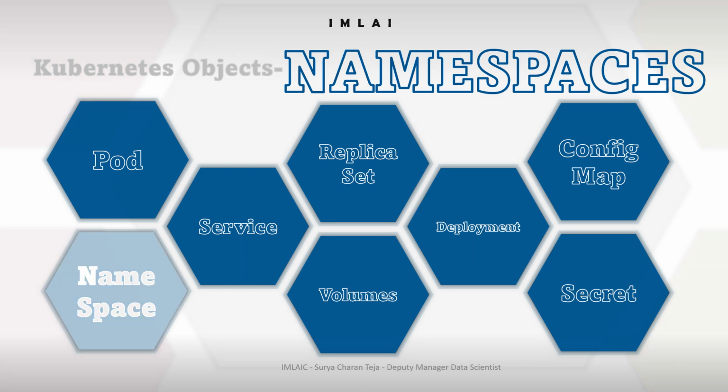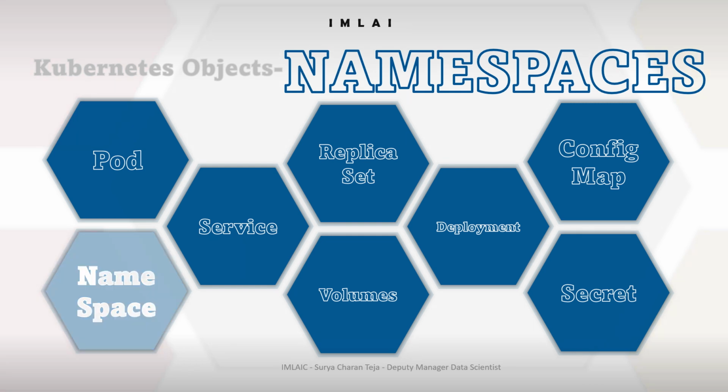Namespace based scoping is applicable only for namespaced objects, for example deployments, services, etc., and not for cluster-wide objects such as storage class, nodes, persistent volumes. But the question arises when to use multiple namespaces.